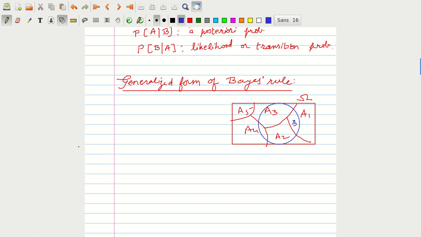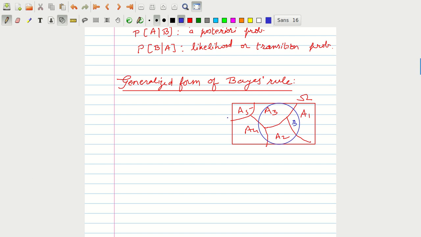Now, a typical problem in many applications is that we know B and we need to find out which of the Ai's, A1, A2, A3, A4, A5, has caused B. For example, if A1 to A5 represent 5 different symbols that could be transmitted through a communication system, and the received symbol is B. So B may be received because of A1 or A2 or A3 or A4.